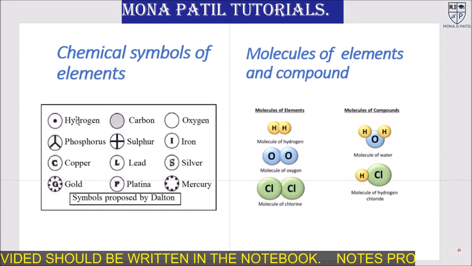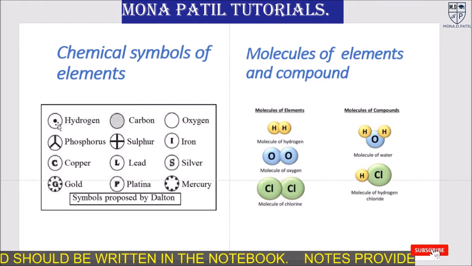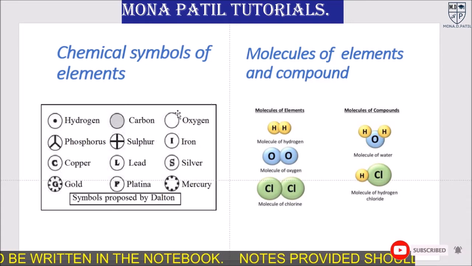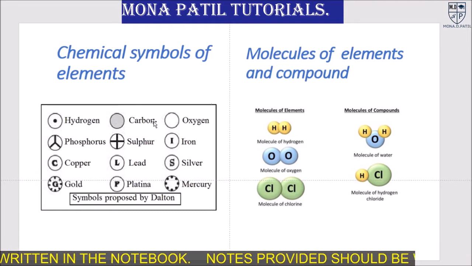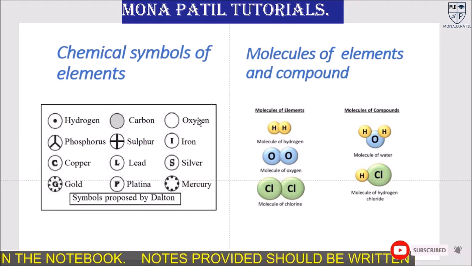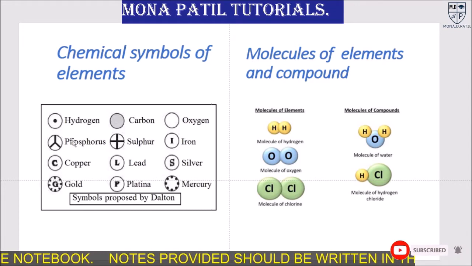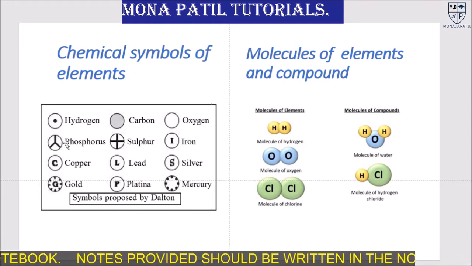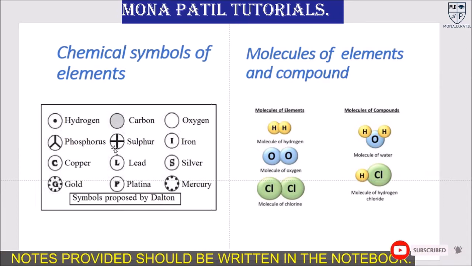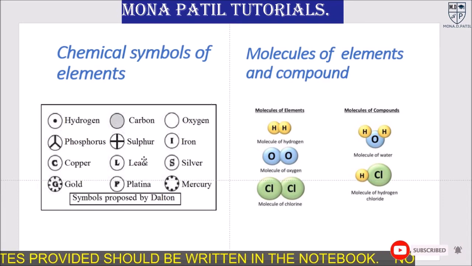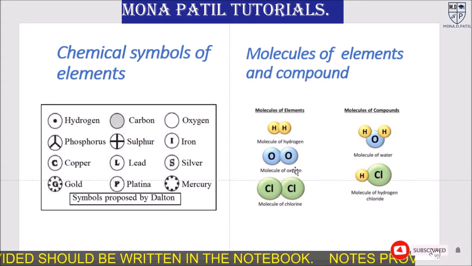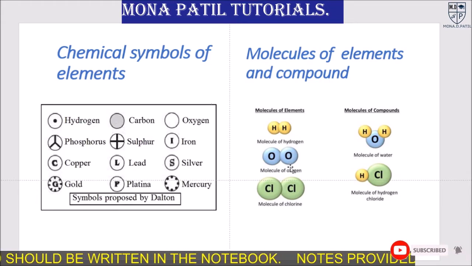You can see hydrogen is a circle with a dot in between, carbon is sphere-like, oxygen is an empty sphere. Phosphorus has 3 lines joined in the center with a circle. Such symbols were given by the scientist Dalton before the symbols hydrogen H, oxygen O.